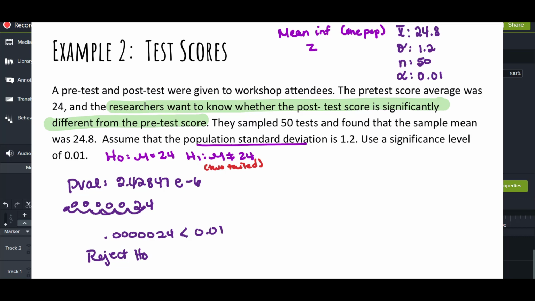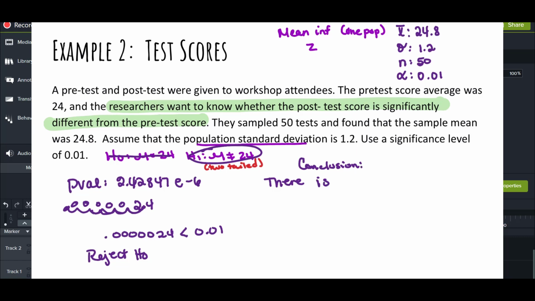And because we reject the null, we can conclude H1. This is the conclusion, by the way.